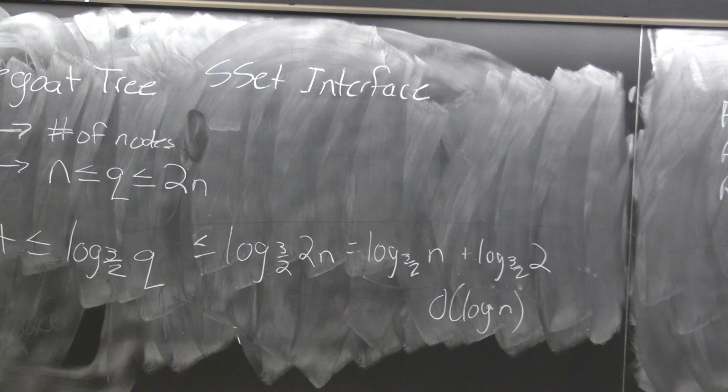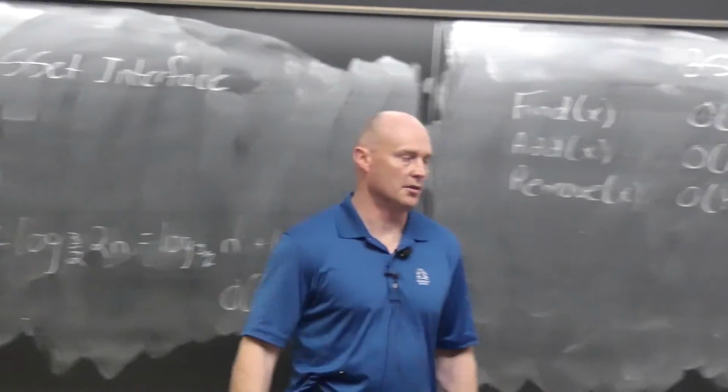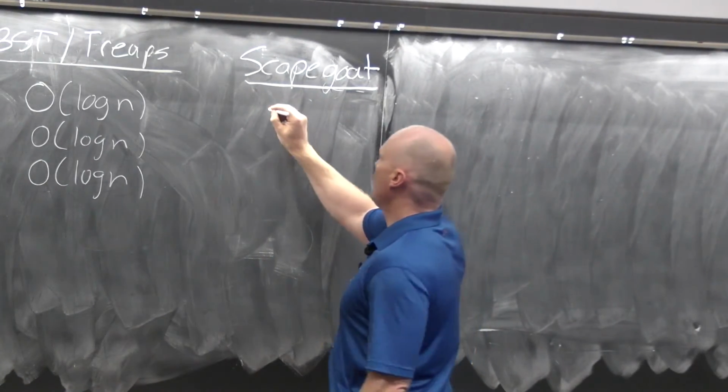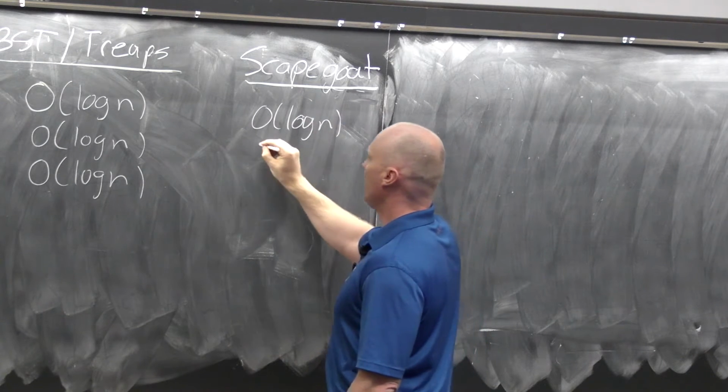Okay. So it's all fine to have all these nice properties. If we can maintain all this, then scapegoat trees would be something that's nice to use. So we have here O log n.